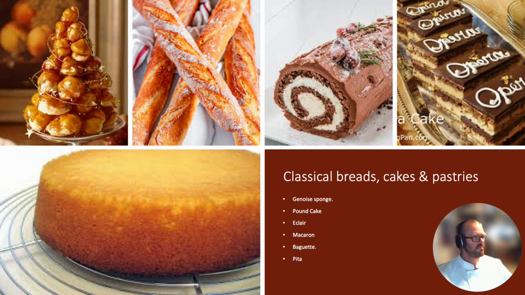The pound cake is called a pound cake because traditional recipes were very much a pound of all four ingredients: a pound of sugar, a pound of butter, a pound of flour, a pound of eggs. So other cakes are derivations of that.